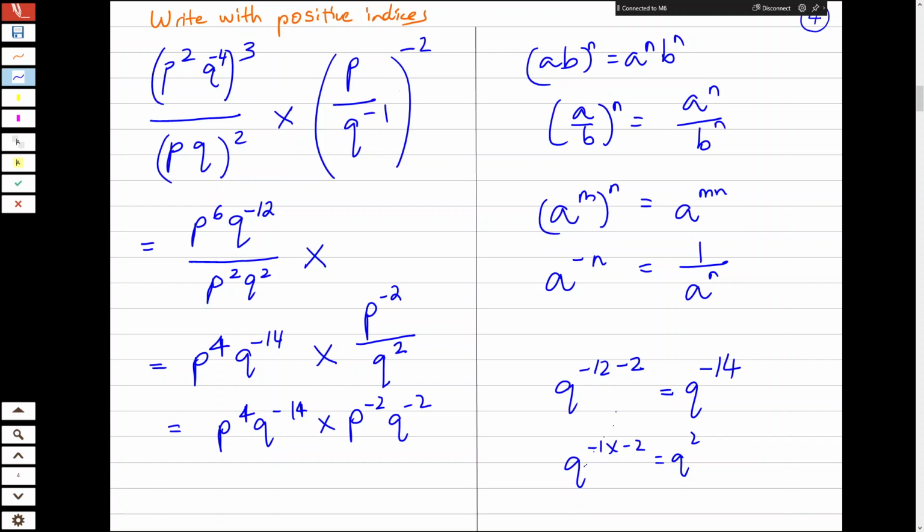And now we can apply the very first index law, which is, sorry, got a bit of lag here, a^m times a^n equals a^(m+n). Okay, so that. Yeah. Okay, and I want positive indices. So then you do q.